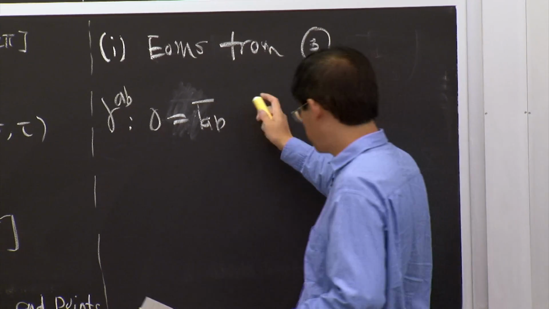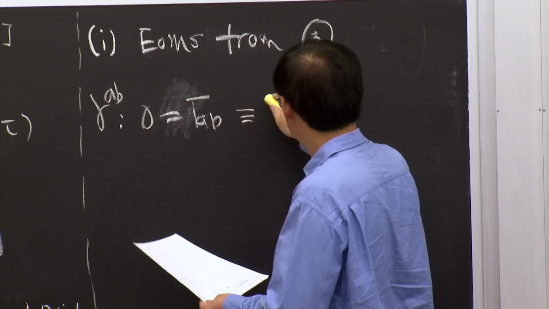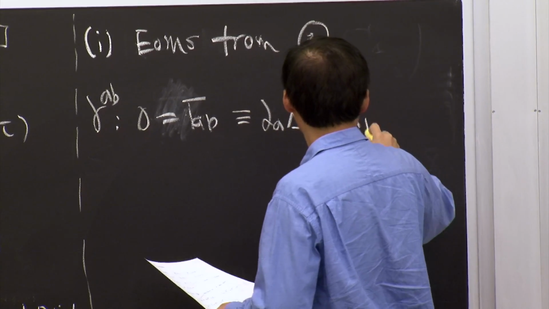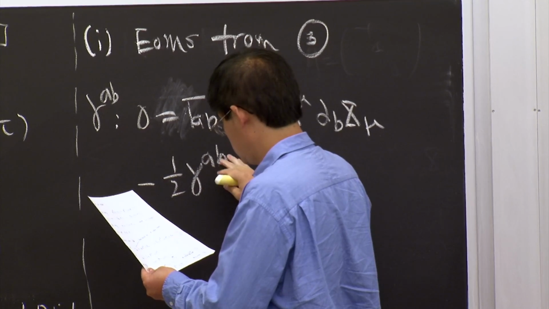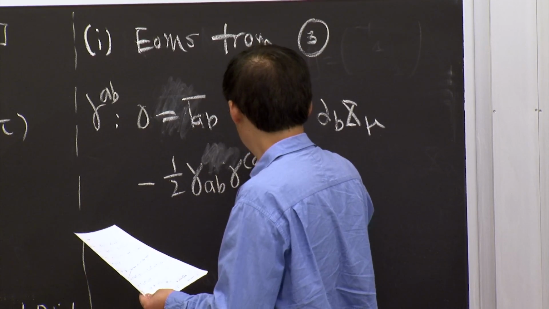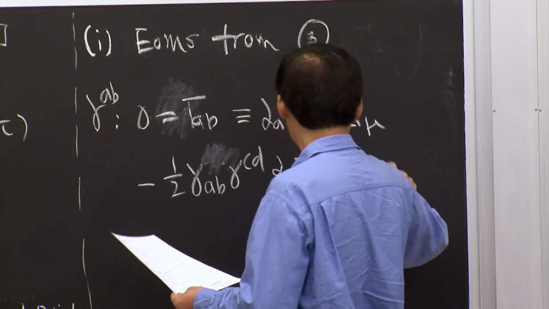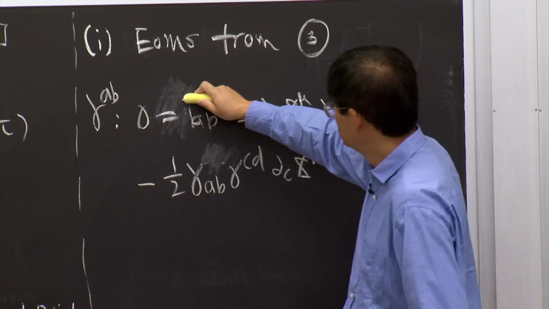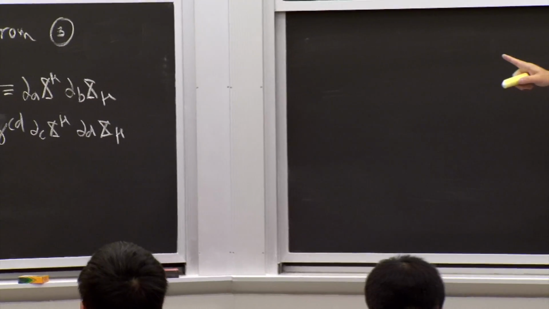And then you can work this out explicitly. The stress tensor, which I call TAB, you get by doing the variation of that action with respect to gamma AB.